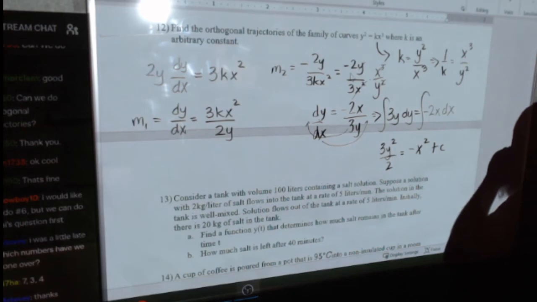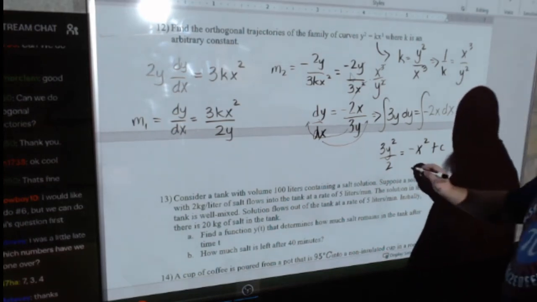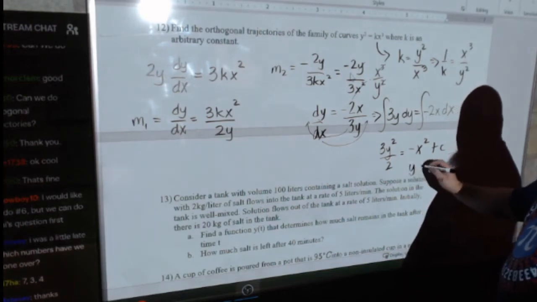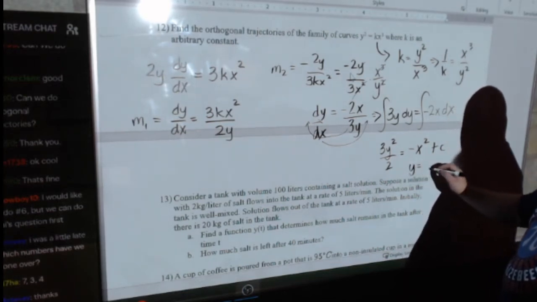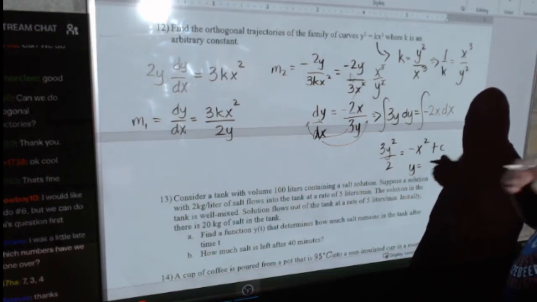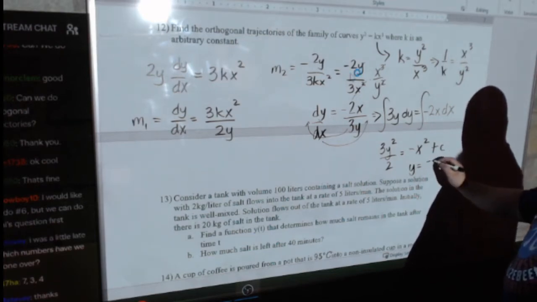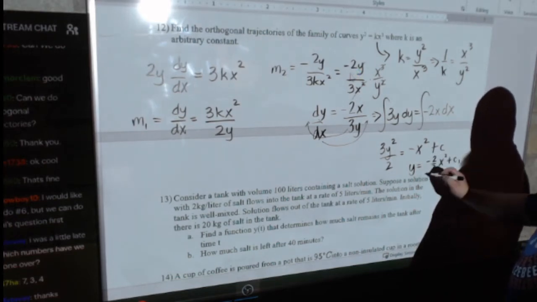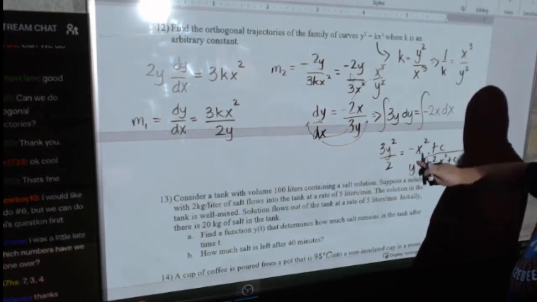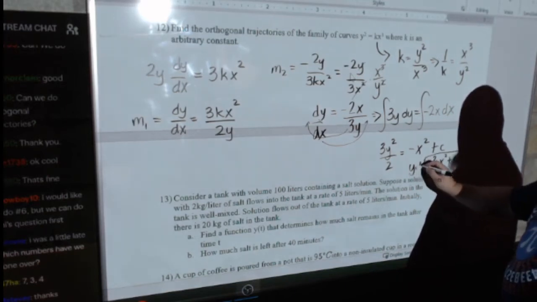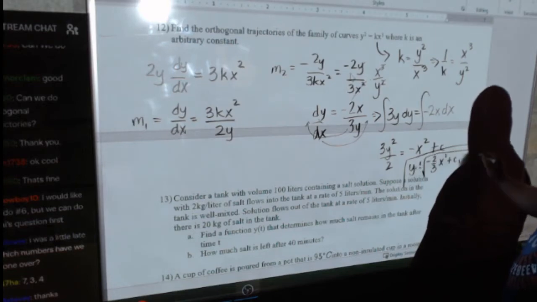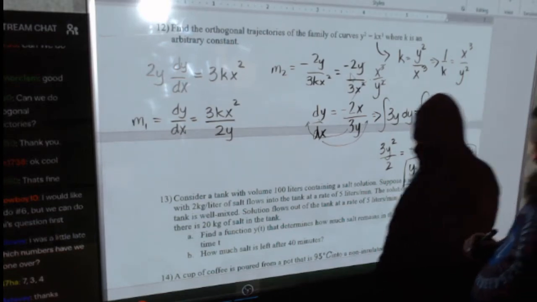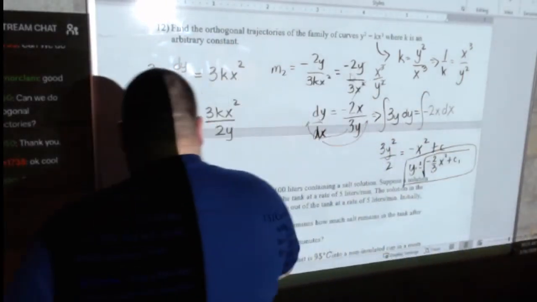And then if I solve for y, we would end up with that. Or if you rather, you could leave it as y squared, I suppose.